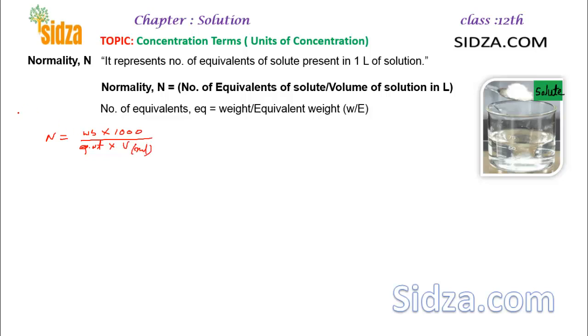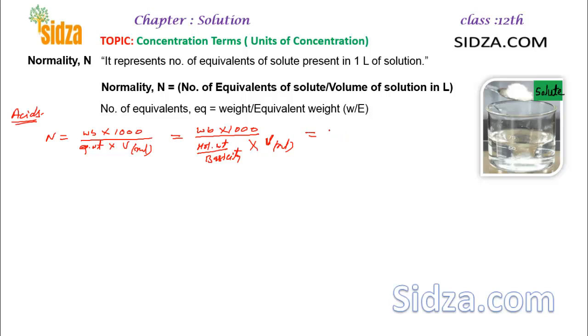Let's first concentrate on acids. Using this equation for acids, I can write it as WB, weight of solute, times 1000, divided by the equivalent weight of an acid, which is molecular weight divided by its basicity, times volume of solution in mLs.